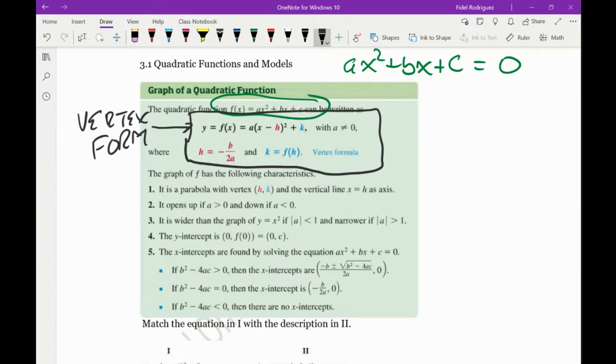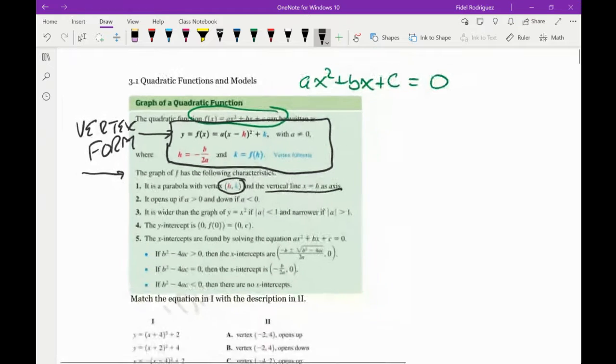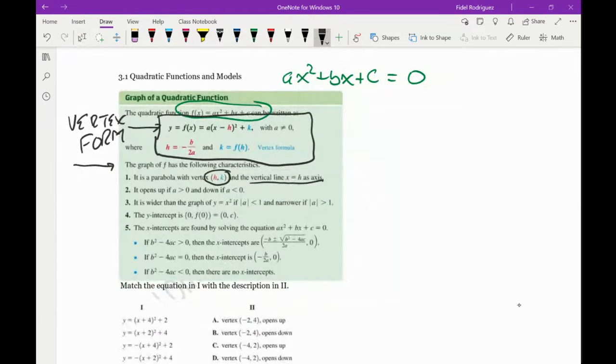What we're going to be talking about here in 3.1 are the graphs of these things. So here it says the graph is a parabola with a vertex at (h, k), and then there's something called the vertical line x equals h as the axis. I'm going to zoom out just a little bit so I can show you.